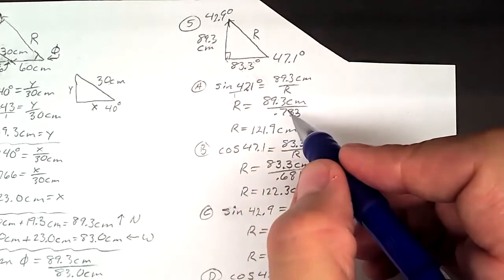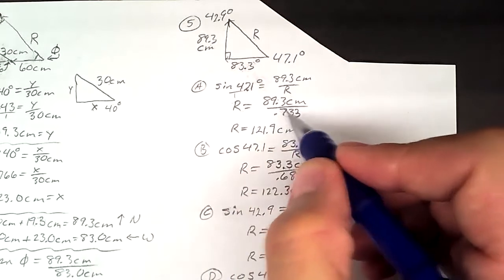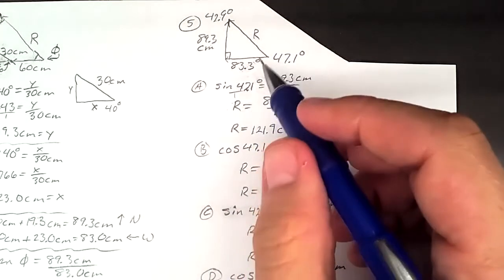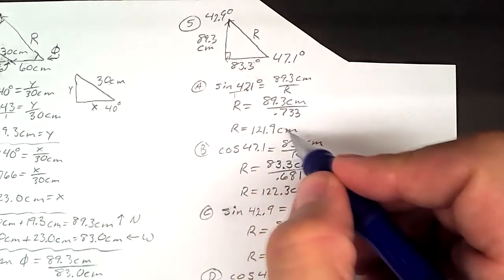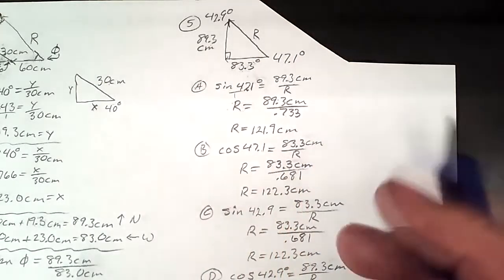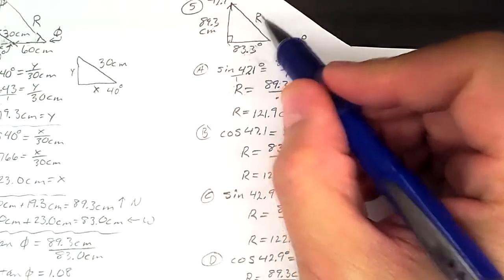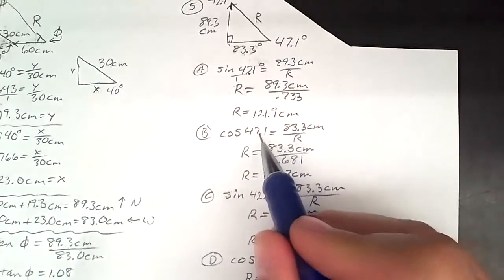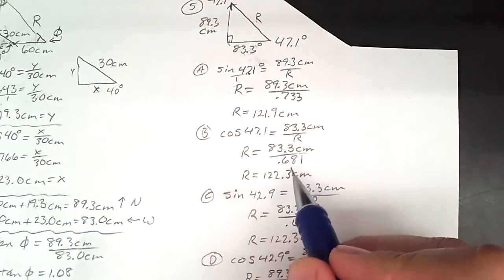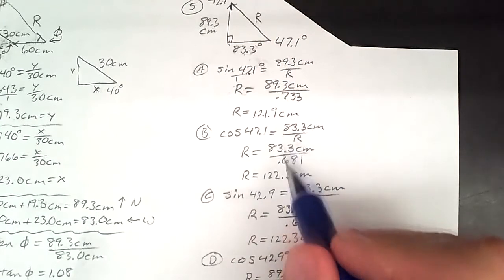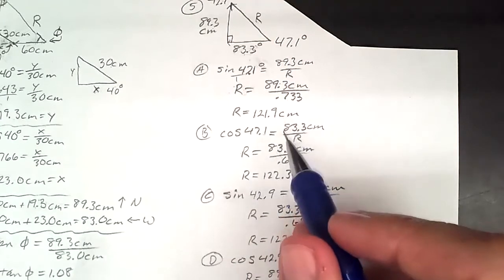This moves down here, so we get this, and then we divide, and R value is 121.9 centimeters. Cosine of that would be this one over R. And again, these trade places, find that value, put it down here and divide. You'll notice we get something close enough that it's probably good enough for now.